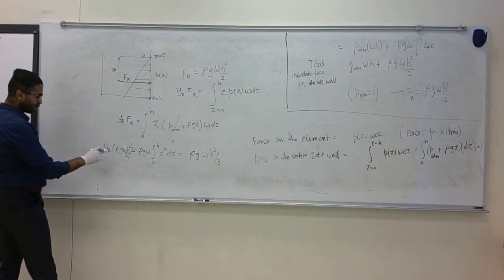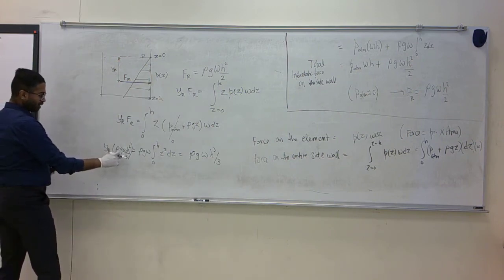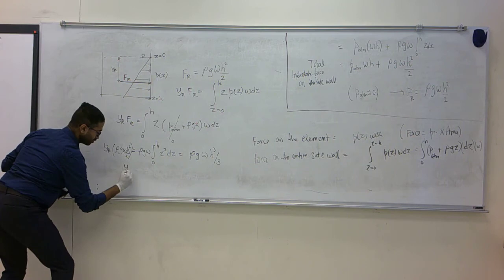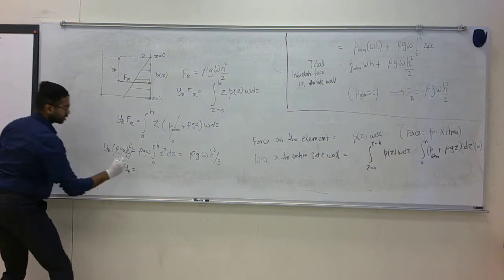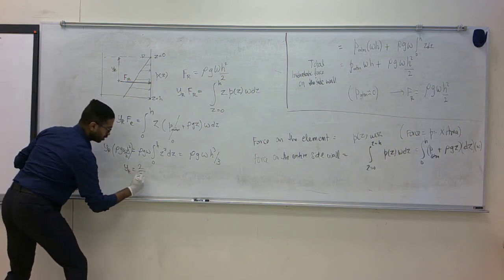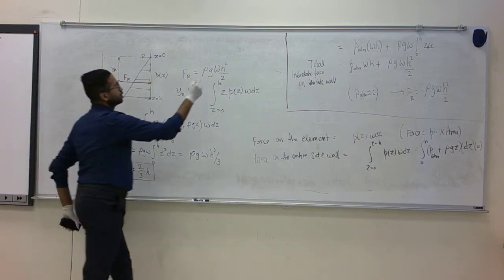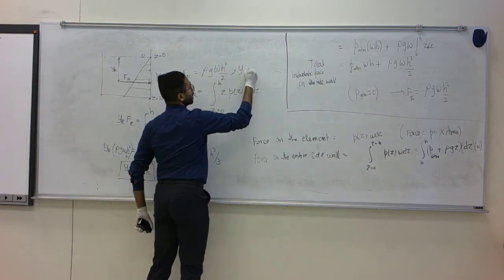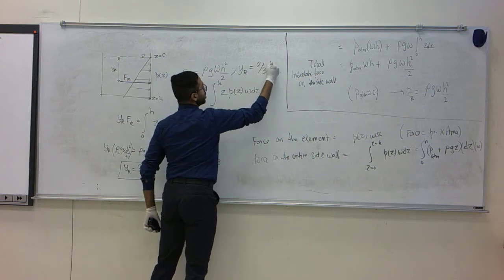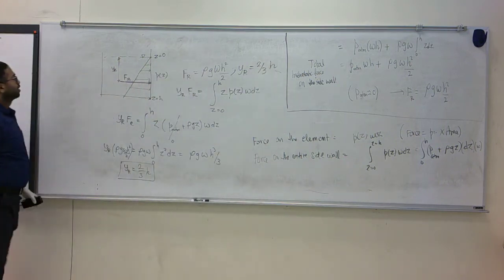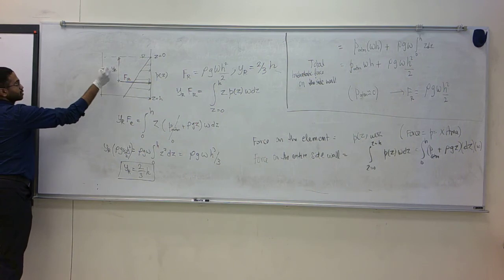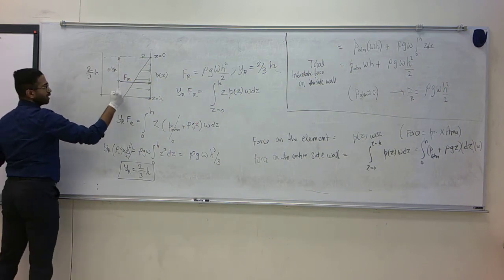So if I take out rho G W H squared, I have yr equals 2/3 of H. What I am trying to say is this is yr, this is 2/3 of H, the remaining distance is 1/3 of H.